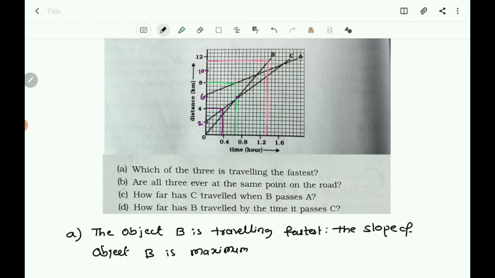That is, the slope of the distance-time graph is maximum for B. Therefore, object B is traveling fastest.